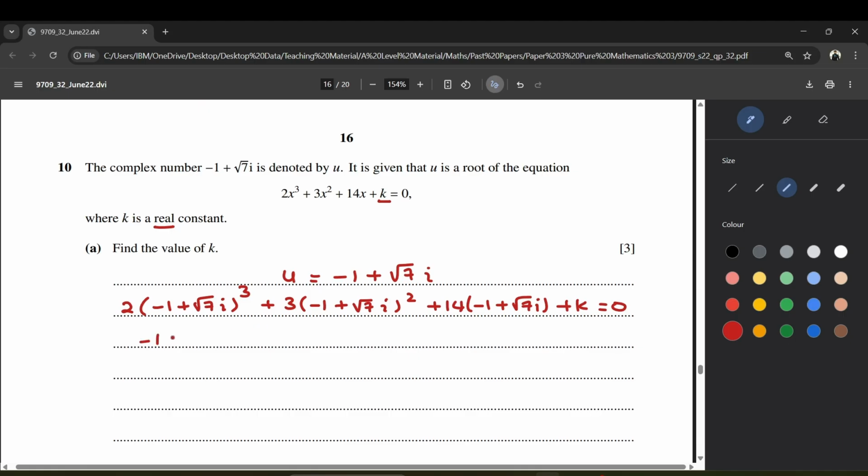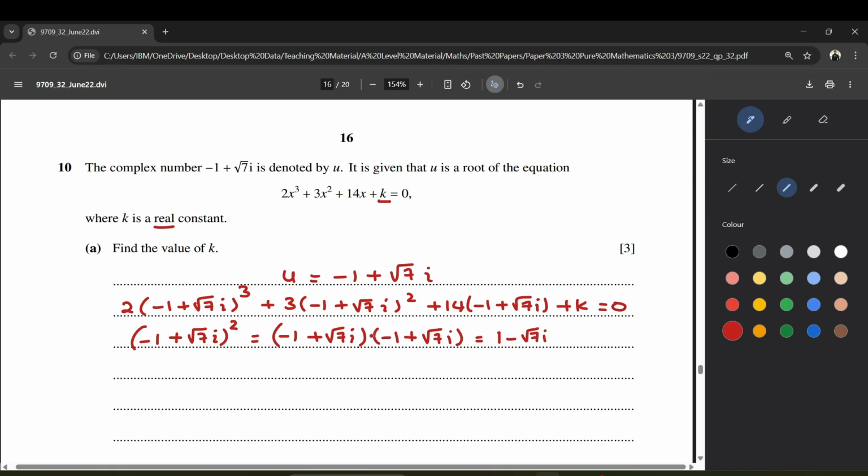Let us first work out minus 1 plus root 7i whole squared. That means minus 1 plus root 7i multiplied by minus 1 plus root 7i. That would be minus 1 times minus 1 is 1. Minus 1 times root 7i is minus root 7i.